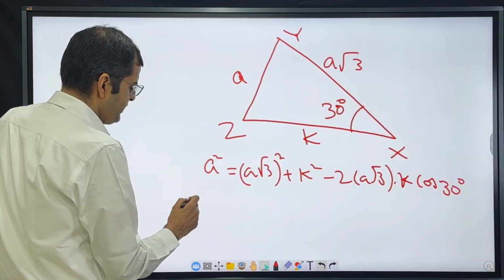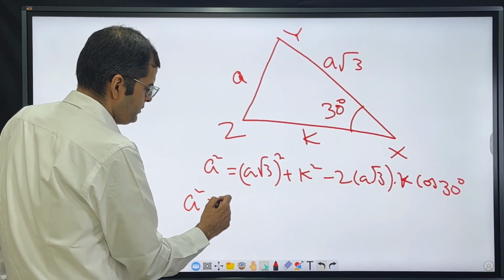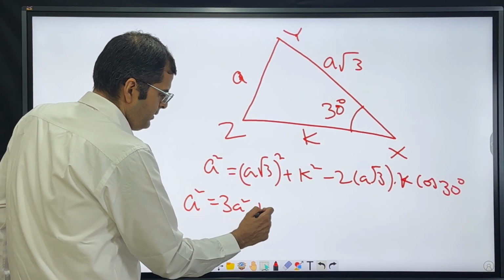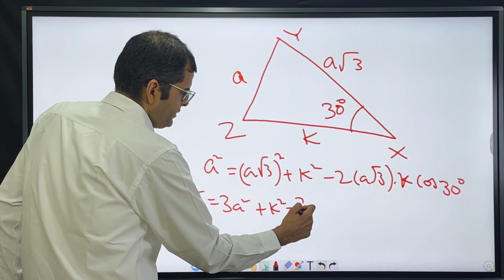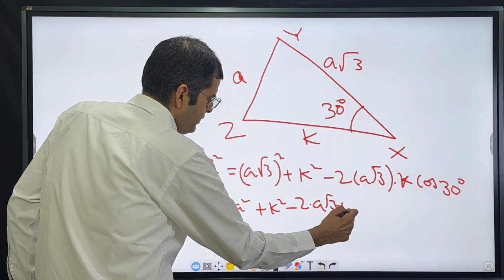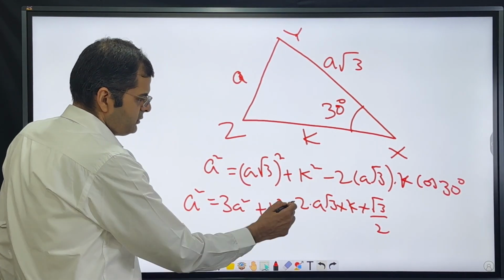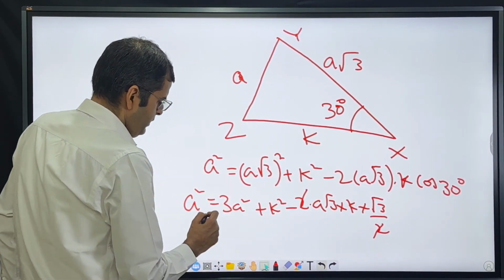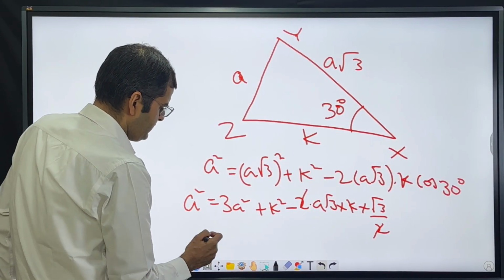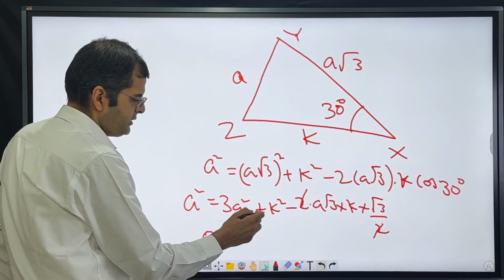So from here what we get is A squared is equal to A root 3 whole squared, which is 3A squared, plus K squared minus 2 into A root 3 into K cos 30 degrees, which is root 3 by 2. So this 2 goes away. A squared comes on this side.